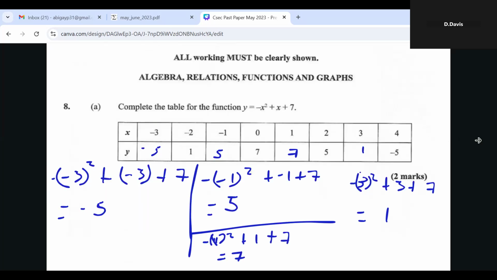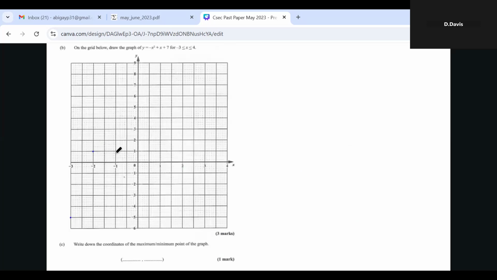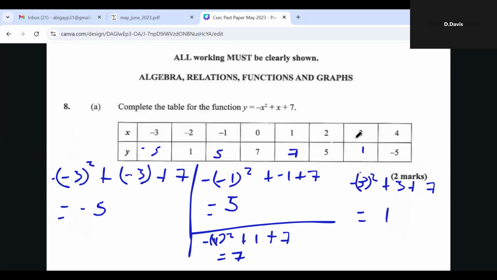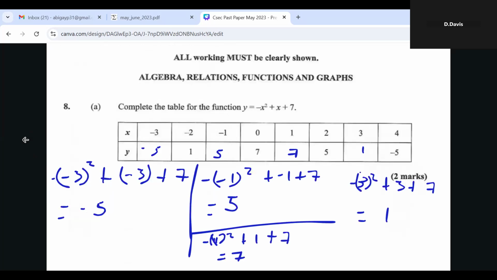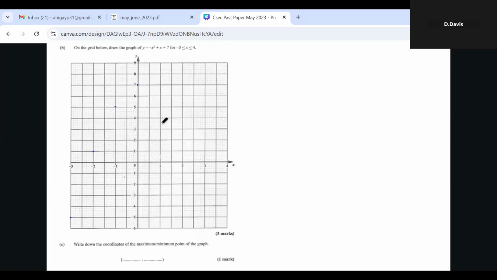Negative 1 and 5 would be right here. 0 and 7 will be right here. 1 and 7 will be right here.